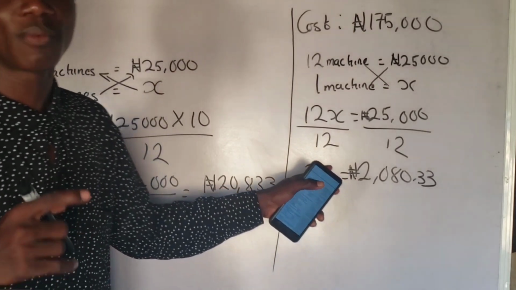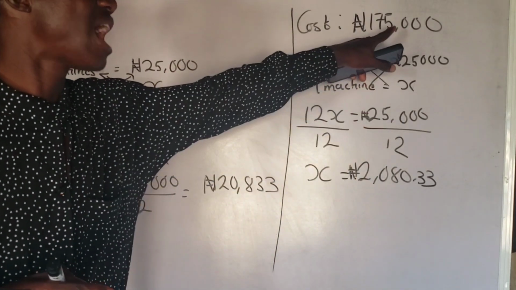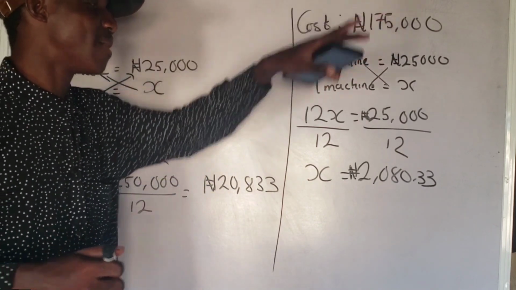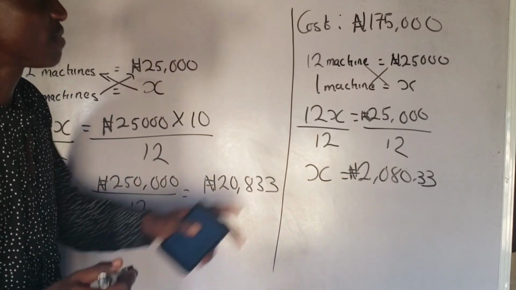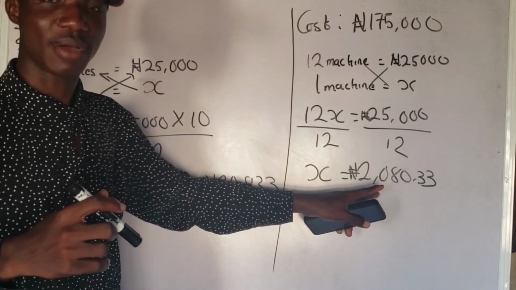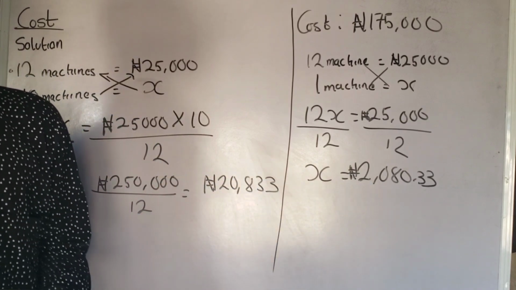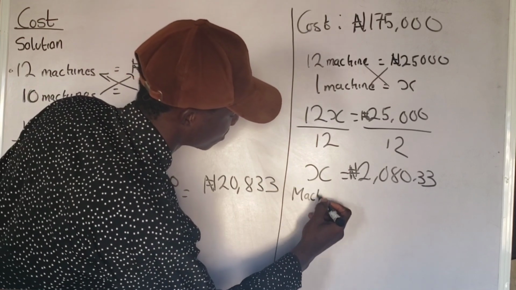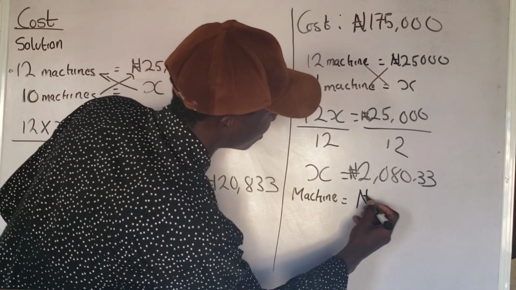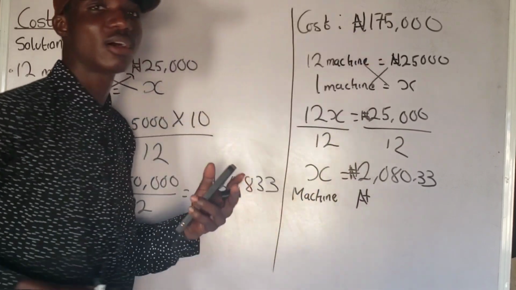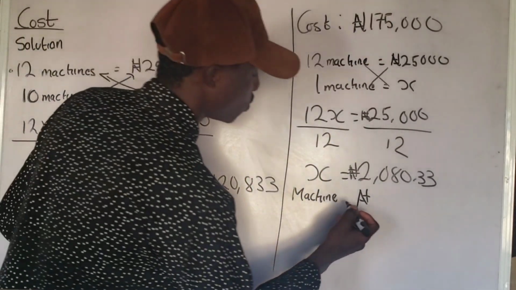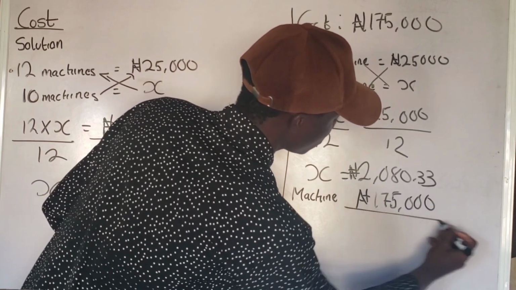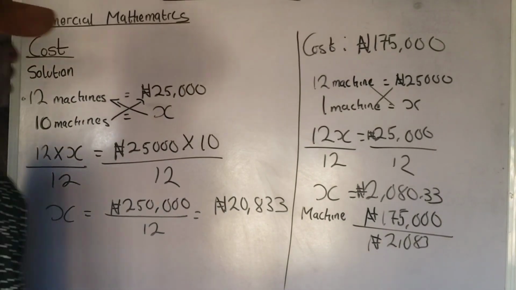Now, if the cost of a single machine of this type is this, how many machines will we buy with this amount? That's the question. To get the answer, we just have to divide this amount by 2,083.33 naira. So the number of machines that 175,000 naira can buy will be equal to 175,000 naira over the cost of a single machine.